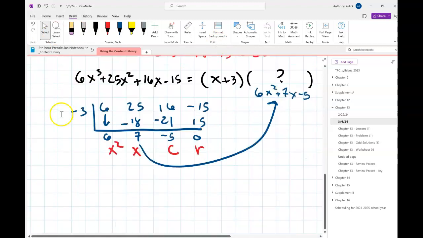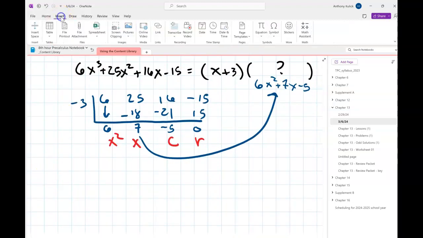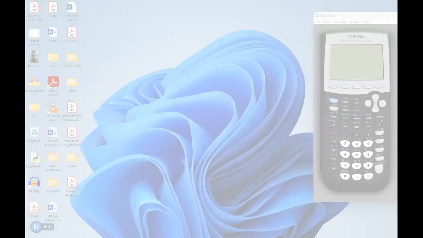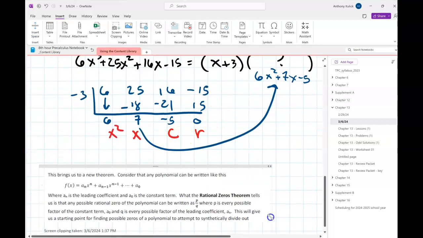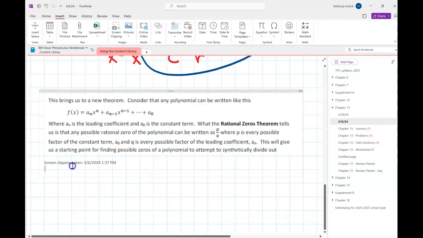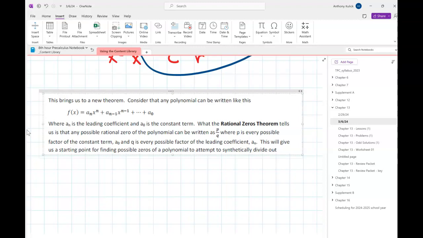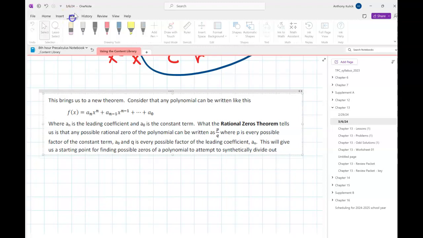Well, our first and best tool is called the rational zeros theorem. What this says is that for some polynomial with leading coefficient a sub n and constant term a sub 0, any possible rational 0 has to be of the form p over q, where p is a factor of the constant term a sub 0 and q is a factor of the leading coefficient a sub n.